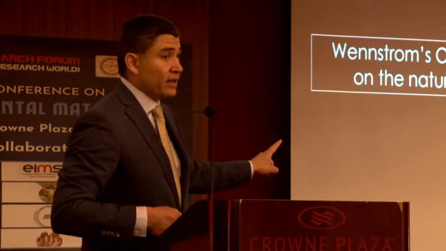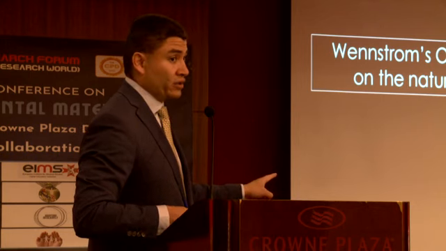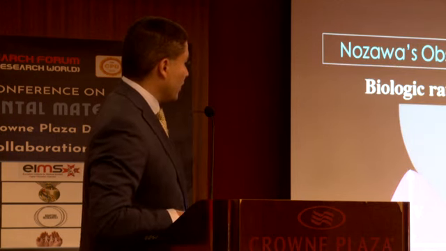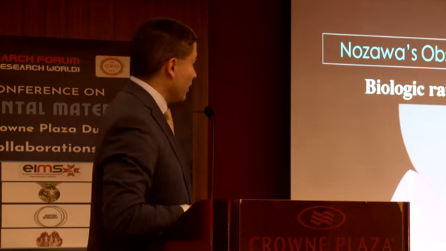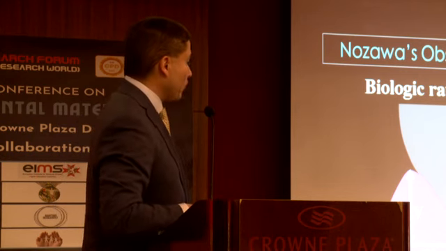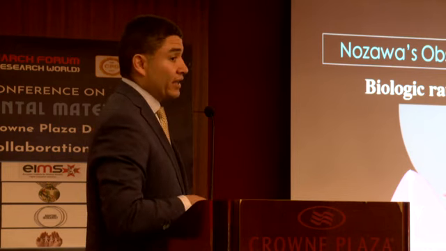That is around teeth. Wenstrom in 1996 described that it's better to have the height than the width, right? So the higher the tissue, the better it is than the width. Now, Nosawa in 2004 described that it is the reverse around implants. You should have more thickness, a 1.5 ratio of thickness of tissue to height. Hence the reason why you utilize connective tissue to be able to protect the bone remodeling in a better way.